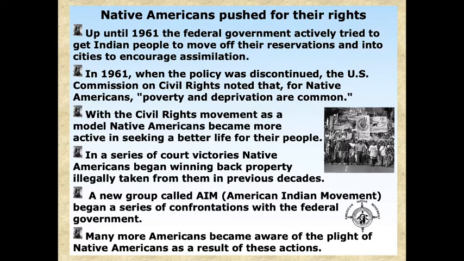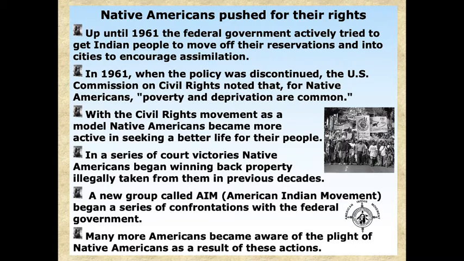So they, too, look at the civil rights movement for inspiration, and Native Americans start trying to seek better life and autonomy. So they're going to get a series of court victories that helps them win their property back that was illegally taken from them in previous decades.